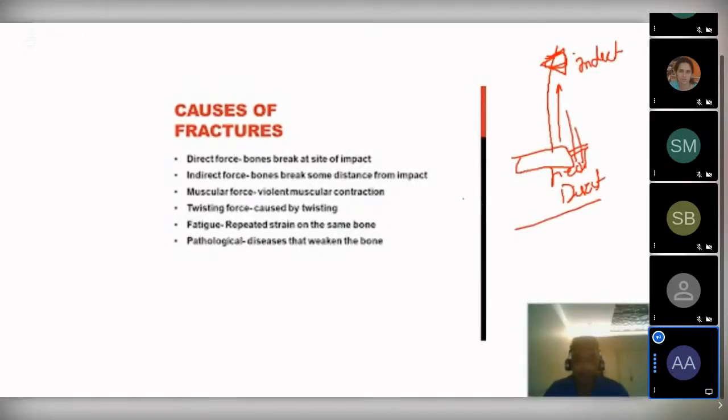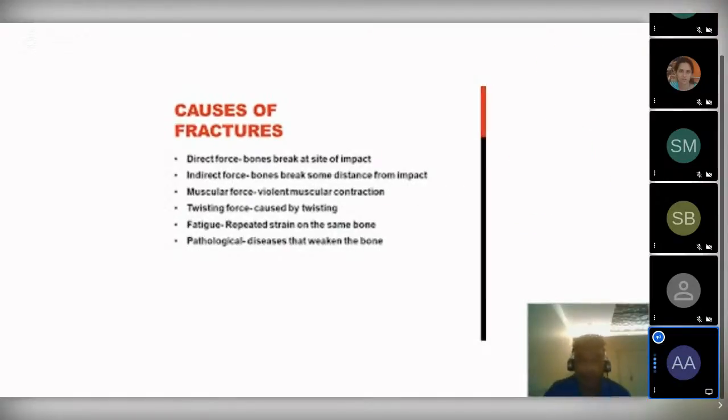Okay. One more important thing before I finish this part of the discussion, please understand. There can be fracture because of direct or indirect force. There can be fracture because of excessive or violent muscular contraction.